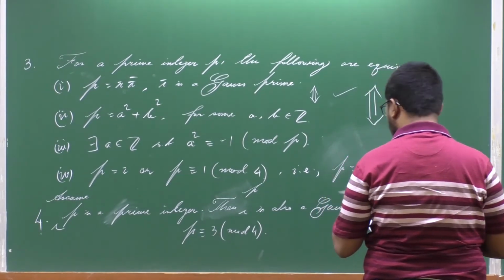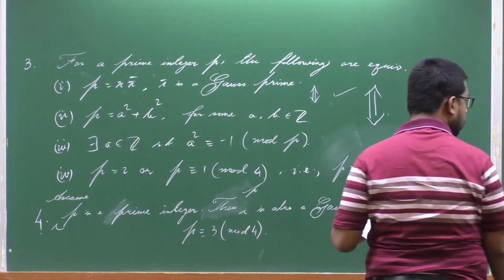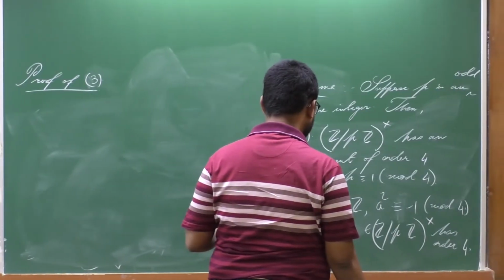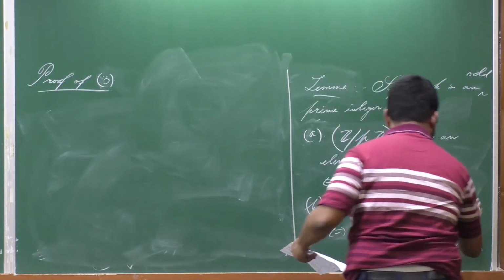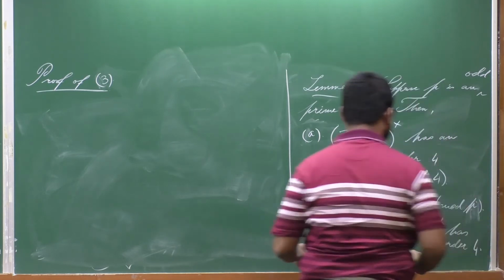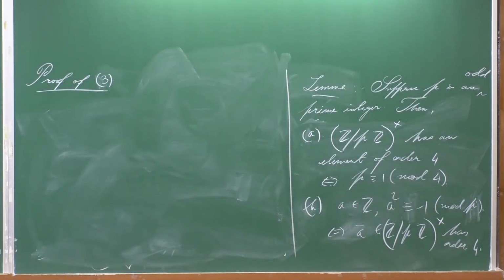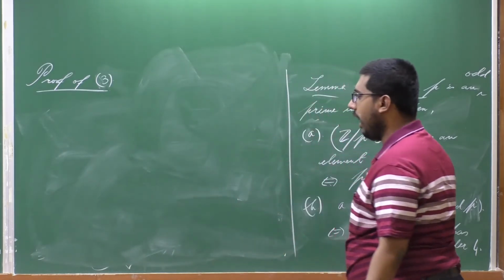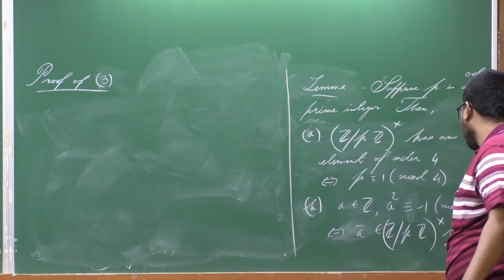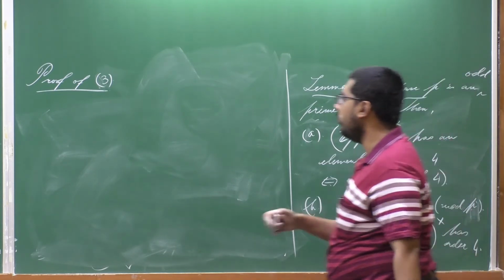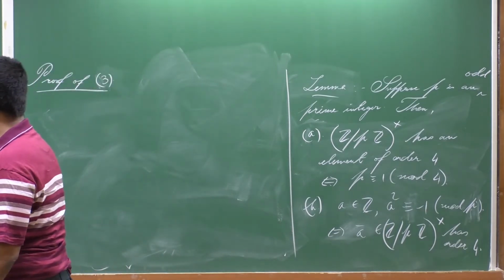So this is congruent to, sorry, this will be simply P, yeah, this will be simply P. Okay. Now you see that if this happens, that is equivalent to saying that this has some element of order 4, and this element of order 4 exists only if P is congruent to 1 modulo 4, and when P is 2, it is always there.